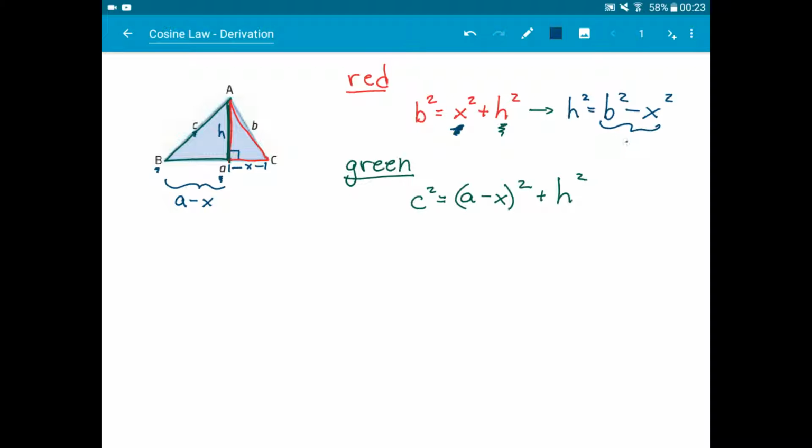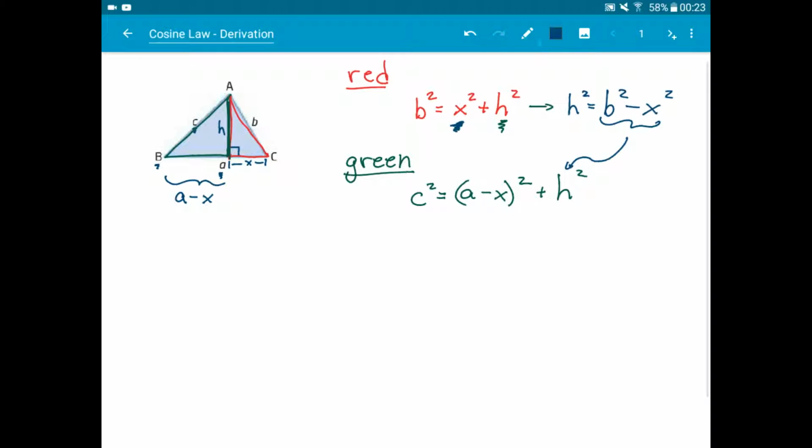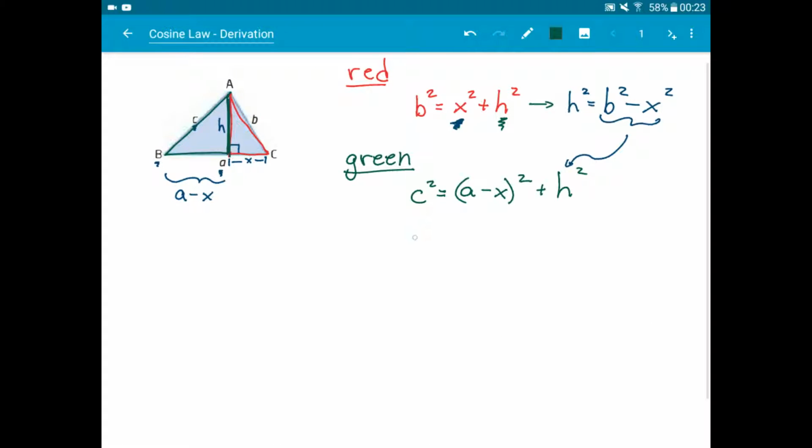So now I'm going to take this and I'm going to write it in for that h squared. Okay, so what do we get when we do that? We've got c squared is equal to (a minus x) all squared plus b squared minus x squared. Now, we still have this problem that you've got x's in here, but maybe that'll work itself out. I'm just going to square this.